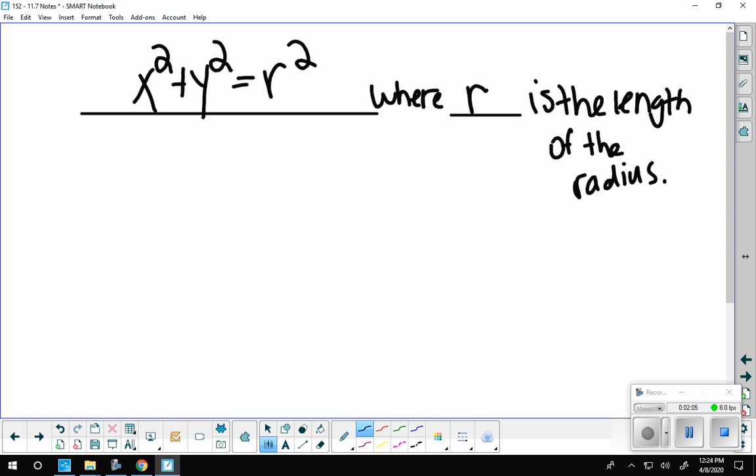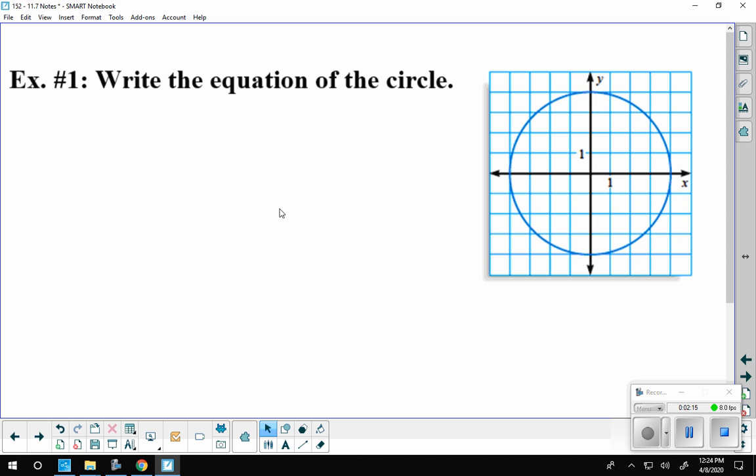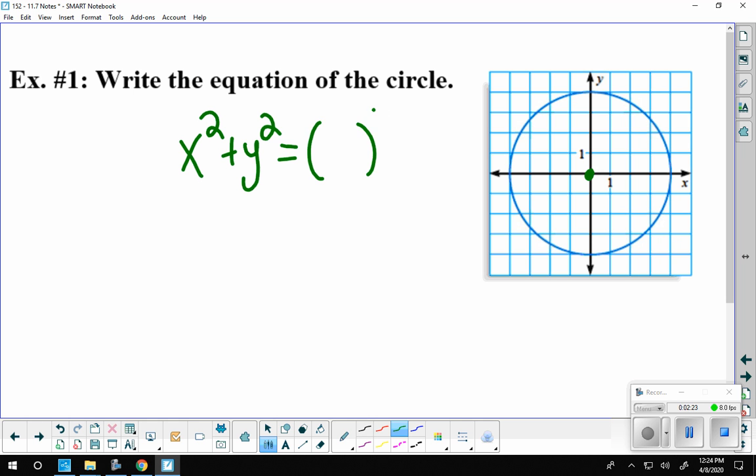Okay, origin means 0, 0. So this equation right here, x squared plus y squared, has an origin or a center at 0, 0. So here you can see the center of this circle is at 0, 0. Therefore, I can write x squared plus y squared equals, now we got to find the radius and square it.